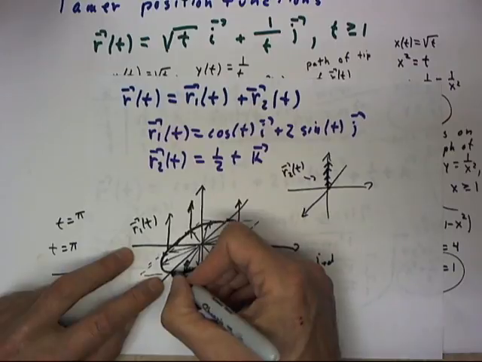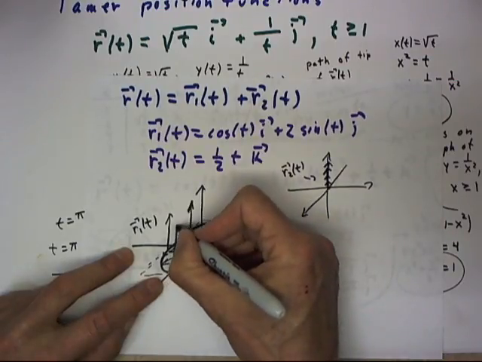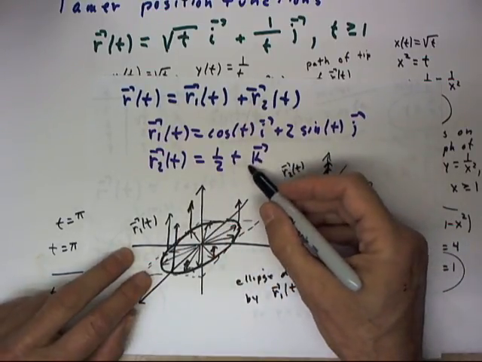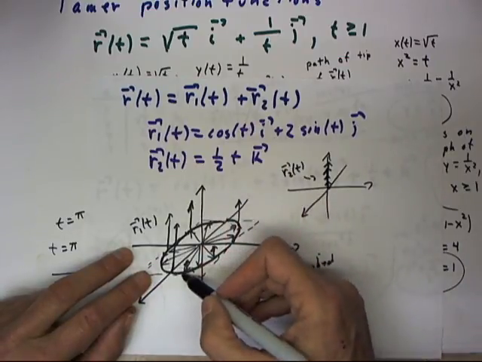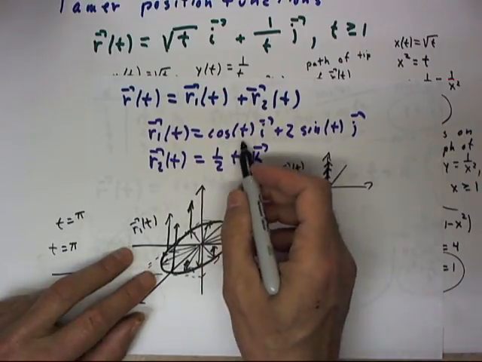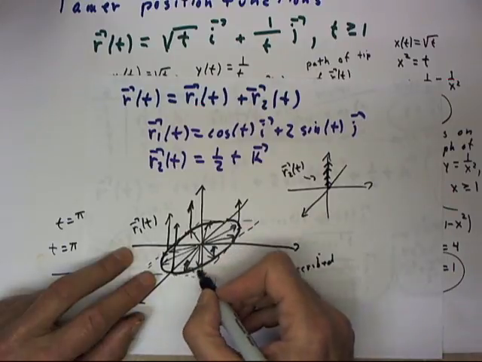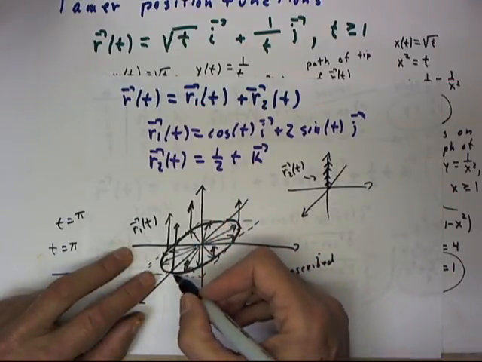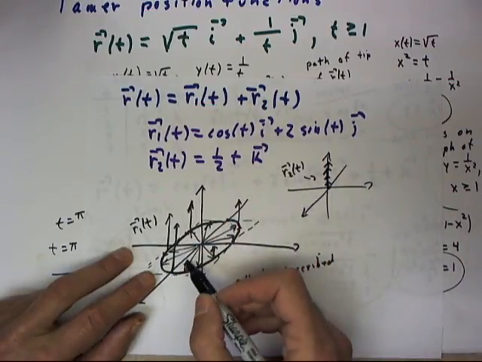By the time we get around to the positive x-axis, this vector will be pi units long, because to get around the ellipse, t has to change by 2 pi, which means that 1/2 t is going to change by pi.